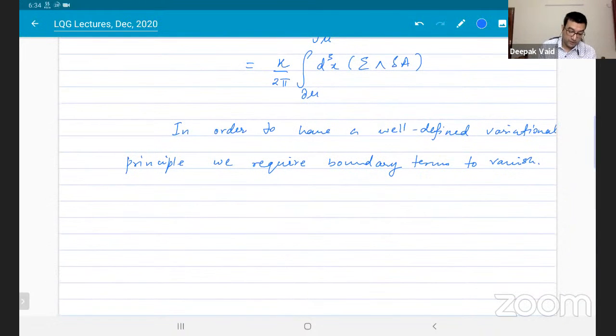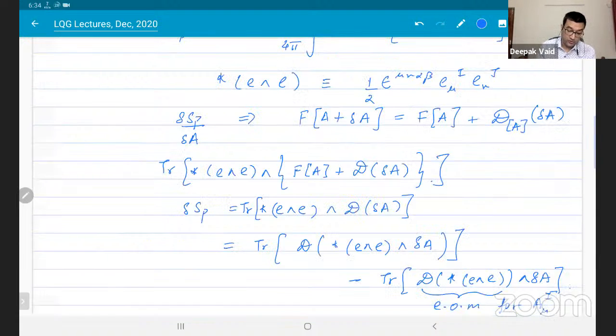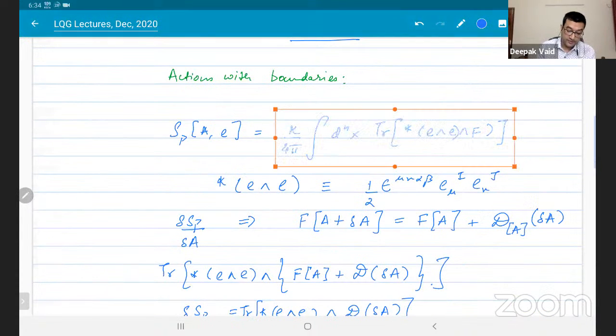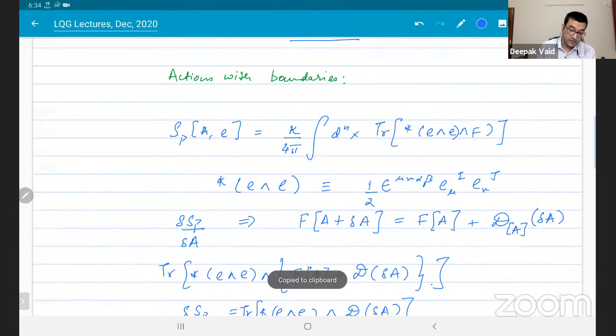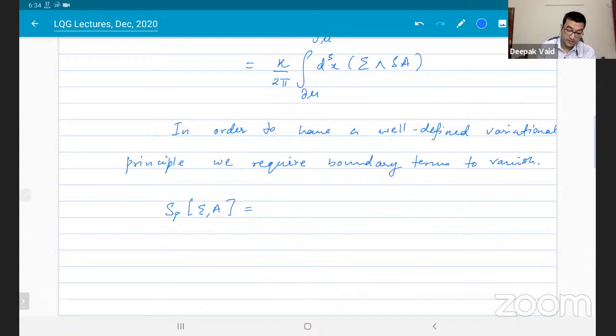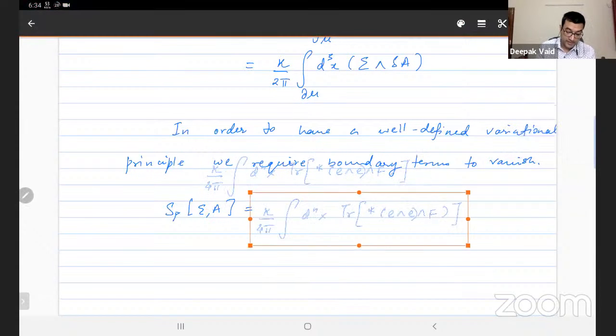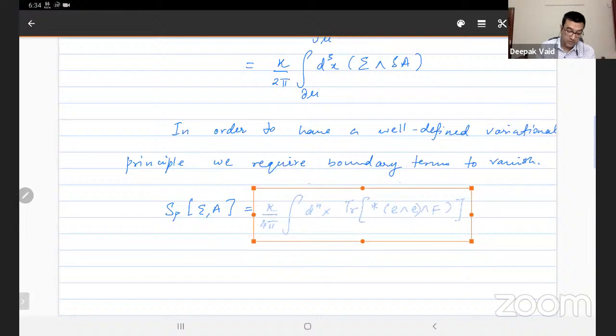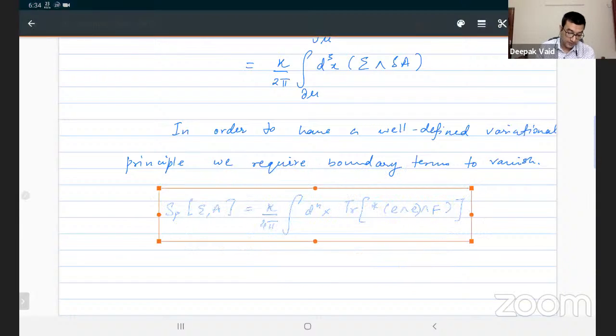So what needs to be done to fix this is that you take your original Palatini action and add a boundary counter term.